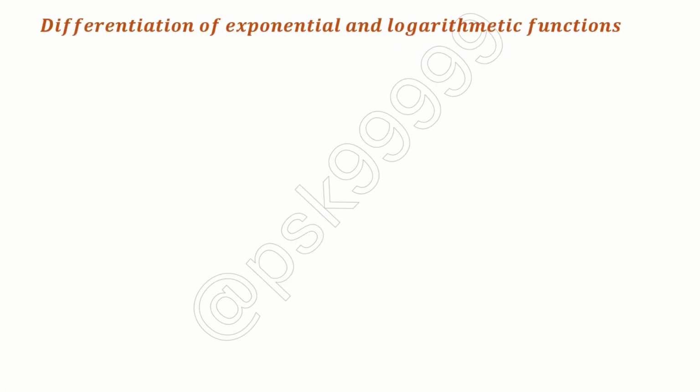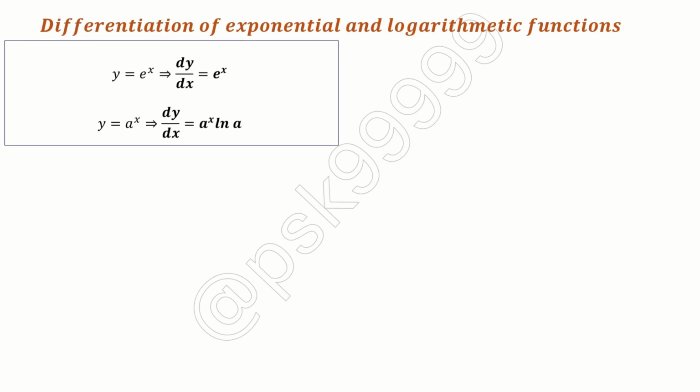Let's now learn very quickly the differentiation of exponential and logarithmic functions. One tricky thing is understanding how to derive these. You should know either the differentiation of log x or the differentiation of exponential. Once you know this, deriving the other one is easy.